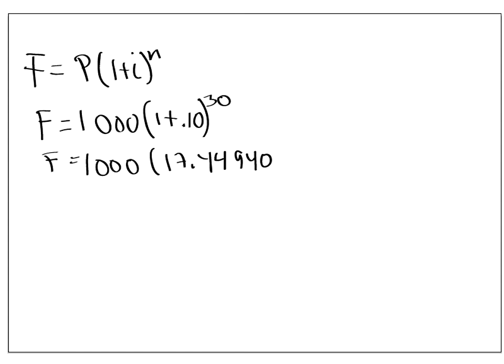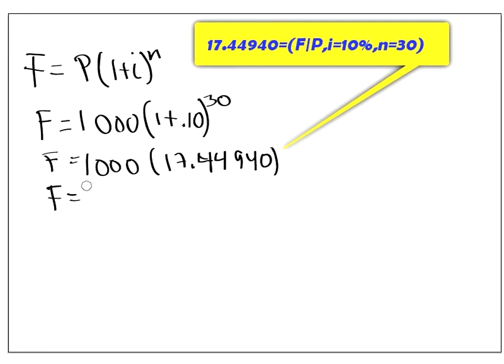There are more digits, but let's cut it at the fifth digit right there. So the future value is going to be $17,449.40. And that's how much we would have at the end of 30 periods.